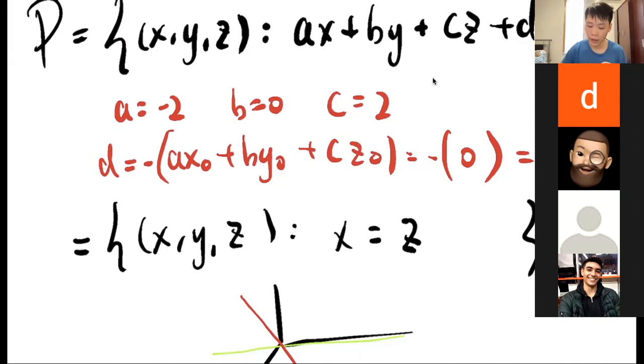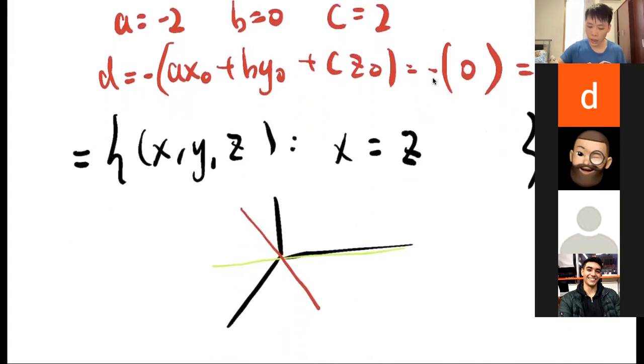So x equal to z, when y equals 0 and you only look at the xz plane, is a straight line that looks like this.